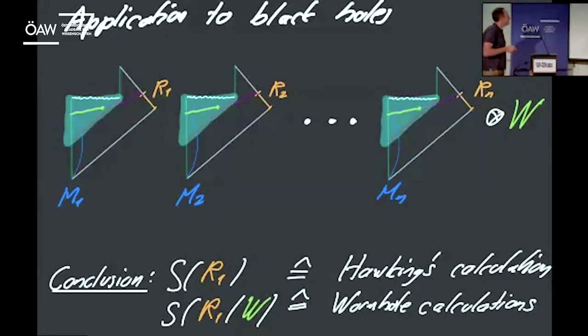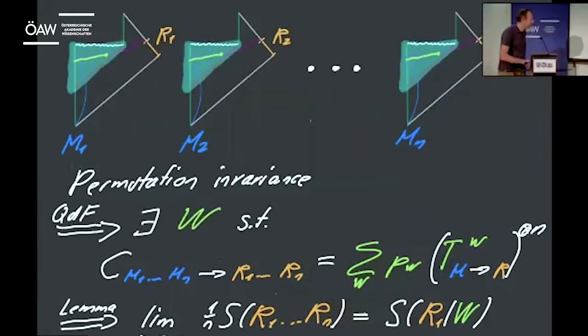Whereas the new calculations, which, as I remarked before, are secretly actually looking at n copies, are actually calculating this. That's what the lemma tells us. If you look at n copies of a black hole and look at the joint entropy of them, that's equivalent to looking at one copy and conditioning on the W. And the W would be the dynamics going from M1 to R1.